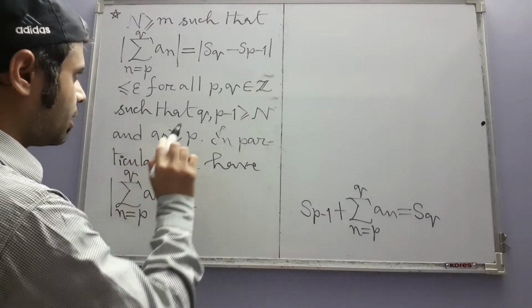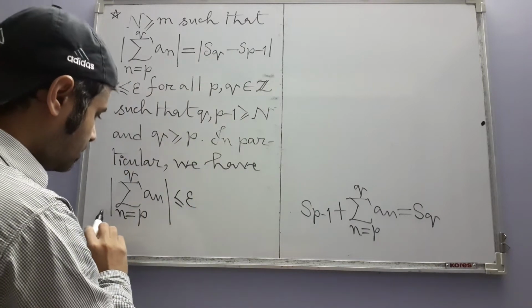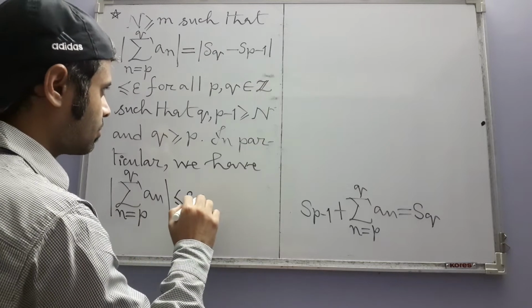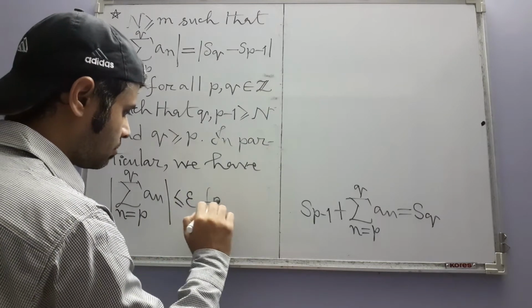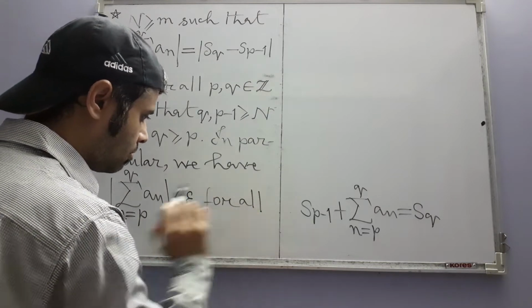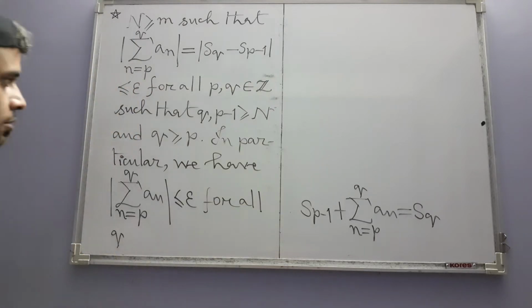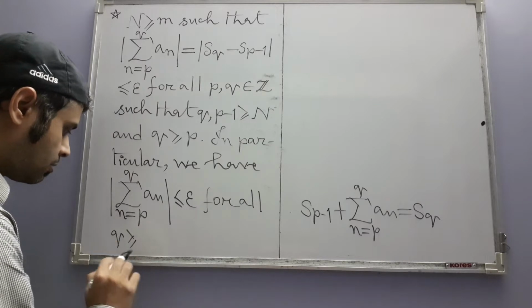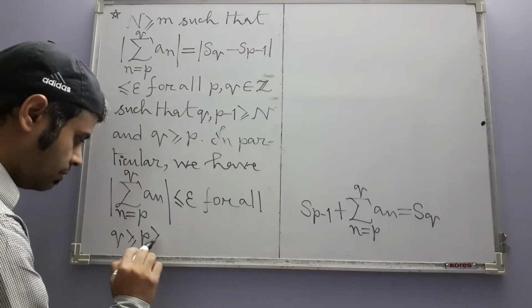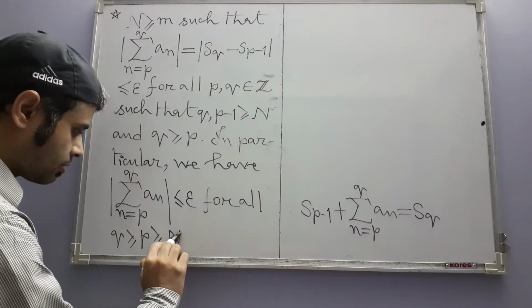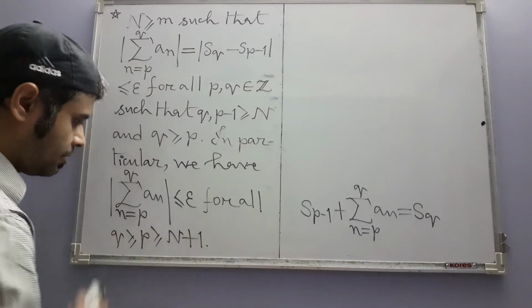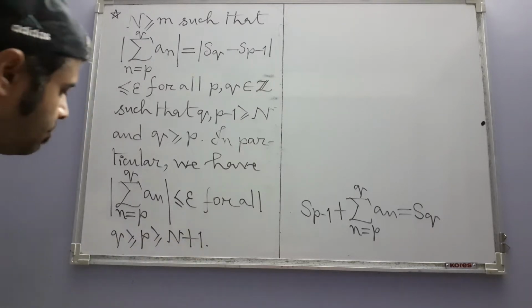So in particular, from all these things we are getting this inequality for all q greater than or equal to p greater than or equal to n plus 1. Why? How?